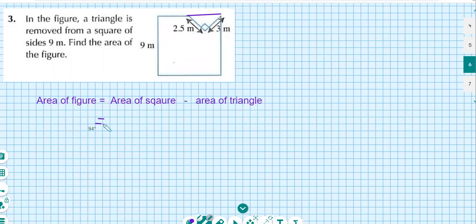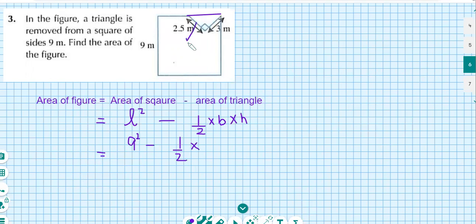So the area of square, the formula that we have studied, is L square, whereas area of triangle was 1 over 2 base into height. L is actually the length of the square, any side length, which is 9. So it will be 9 square minus 1 over 2 base into height.